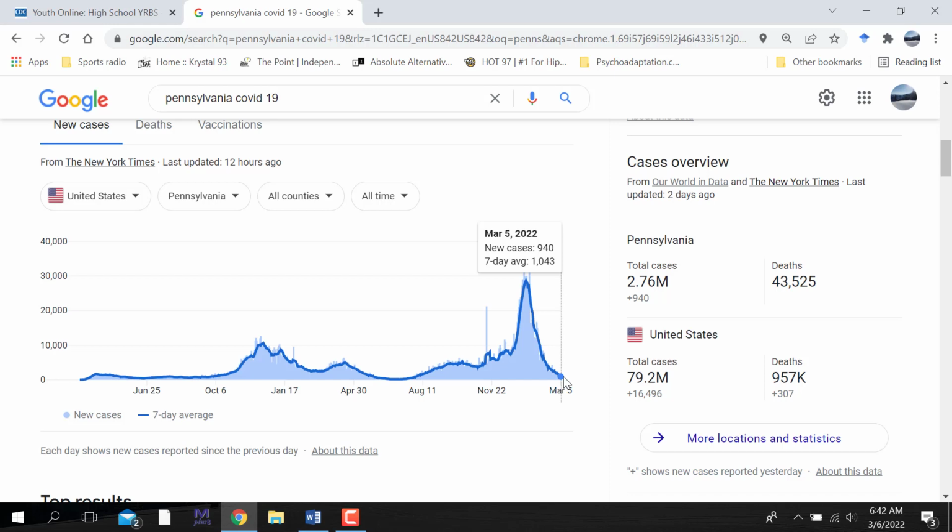The 7-day average is 1046 per day, right? So I guess it's just the number of new cases. This would be great if this is just 940 new cases. But anyway, you can see that things are thankfully slowing down a bit, and that's why we have these changes in masking, and hopefully this will be able to stay.